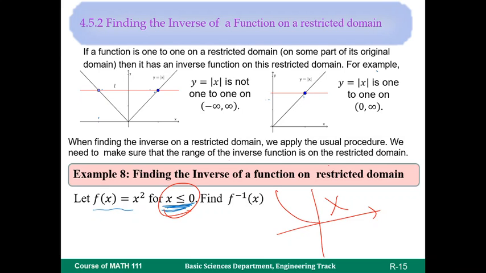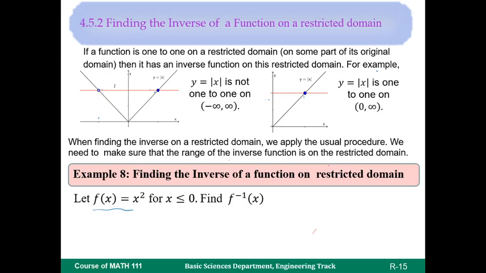So we are taking only this part here, not interested in this part. Okay, we will not do anything with the graph, though you can also do it with the graph. But anyway, we are interested in finding the formula for f inverse of x.